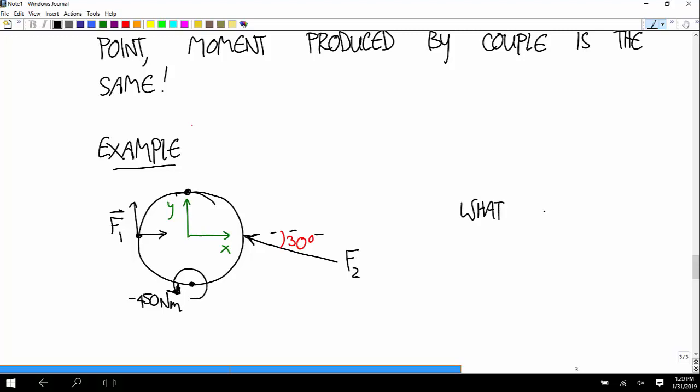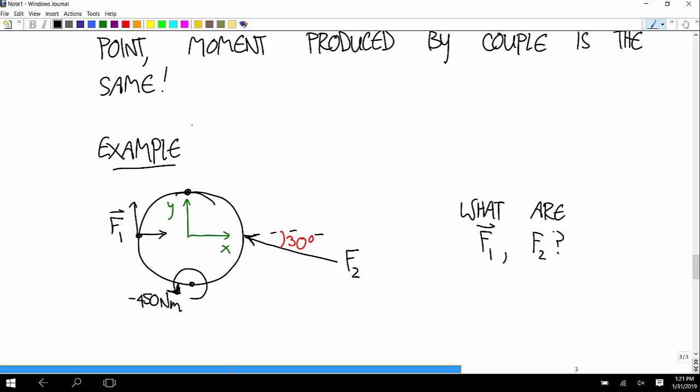And we want to know what are that vector F1 and that scalar F2. Okay, so instead of drawing that couple at the bottom as two equal and opposite forces, we forget about the forces. We just treat it as a pure moment that's either counterclockwise negative 450, or I could have drawn it as a clockwise thing and called that positive 450.